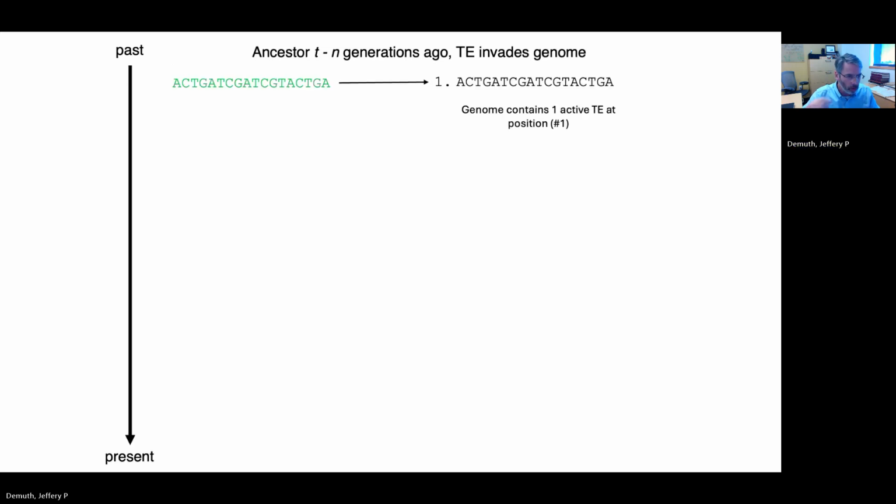So if we rewind history all the way back to the organism at the time when this genome didn't have any copies of this transposon in it, at some point this transposon gets in.